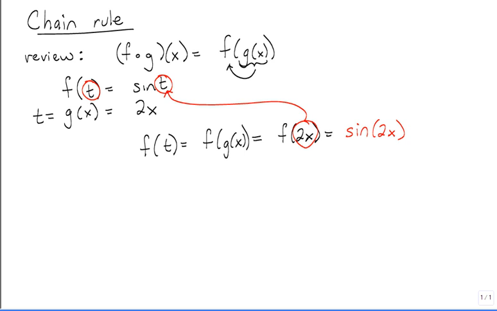So basically what we're doing is just taking g and substituting it into f.